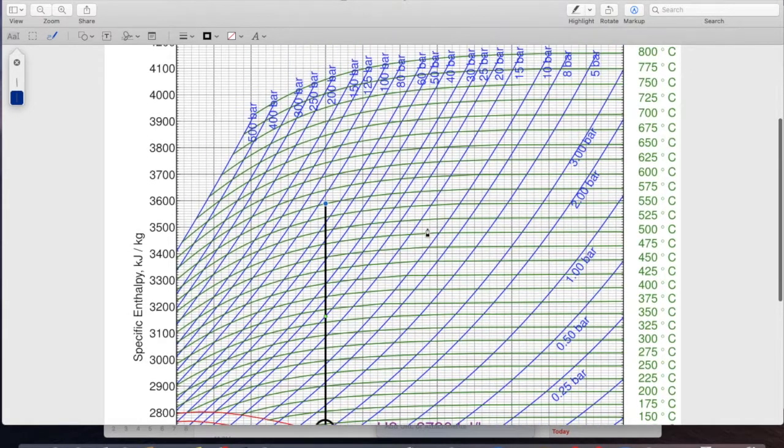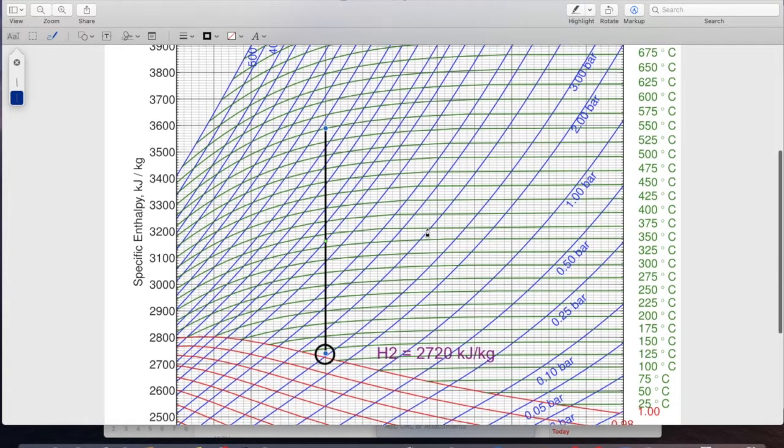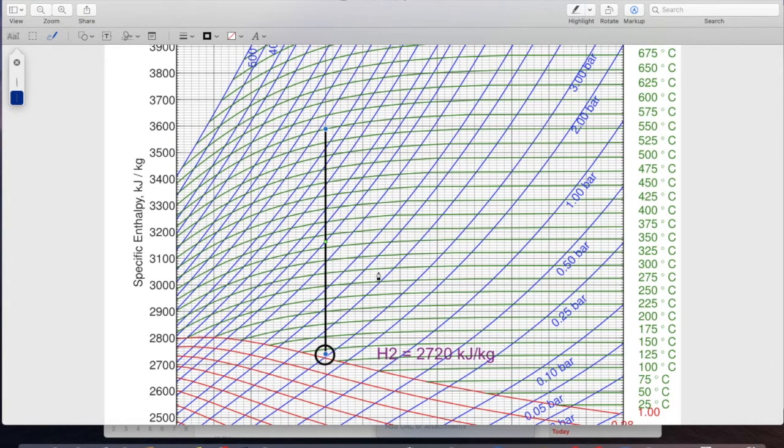So that would put us right about here. That would only leave us with a few hundred kilojoules per kilogram of energy that we could add to the superheated steam, and honestly, I don't get out of bed for a few hundred kilojoules per kilogram, particularly on a small system. So let's make this worth our while.